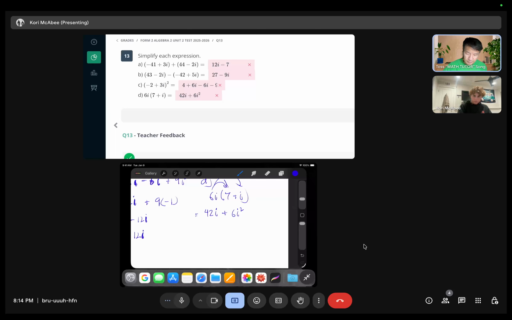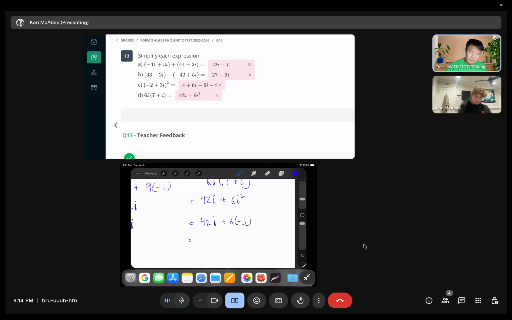But then the show work is this part right here. Copy down the 42i. It's 6 times negative 1, right? Because it's i squared. Then rewrite it. This is going to be a negative 6, but you're supposed to write the negative 6 first plus 42i. Final answer. Because you want to write it as a plus bi.